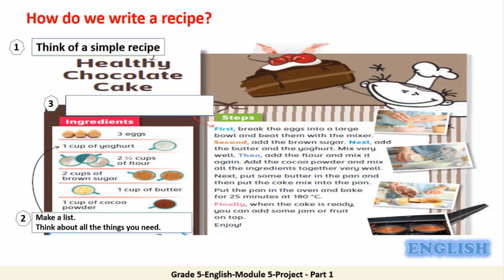The last thing to write a recipe is to add sequence words to show the order in which the steps must happen. Here you have to write the steps of a recipe in the correct sequence. Look at these sequence words. First, second, next, then, and finally.